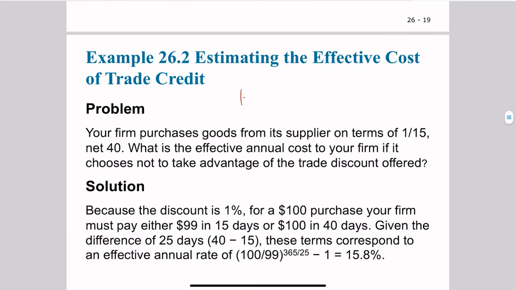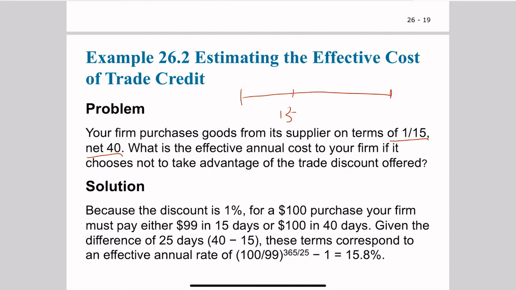So this trade credit term means if the customer chooses to pay at the end of the fifteenth day, or on day 15, it will get a discount of 1%.